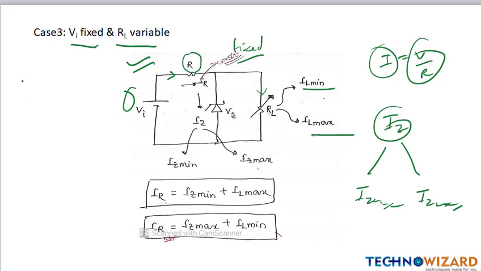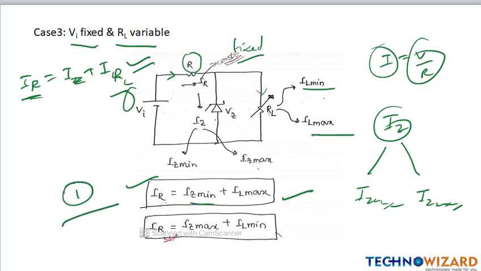I can say the current flowing through the resistance IR is equal to IZ plus IL. The current flowing through the resistance is equal to the Zener current plus the current through the load resistance. If I have to write the equation, then IR is equal to IZ minimum plus IL max, first equation. Or we can find the current through the resistance through this equation also, IZ max plus IL minimum.